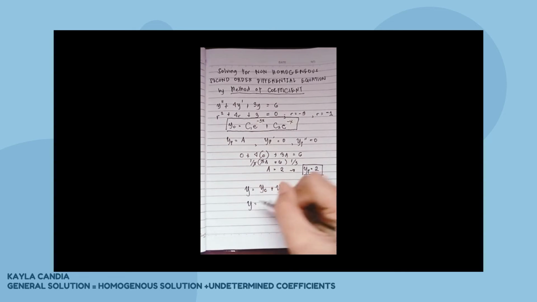Our general solution is y sub c, which is c1 times e raised to negative 3x plus c sub 2 times e raised to negative x, plus our particular solution, y sub p, which is 2. So for this non-homogeneous second-order differential equation, this will be the general solution with the use of the method of coefficients. So thank you for watching.